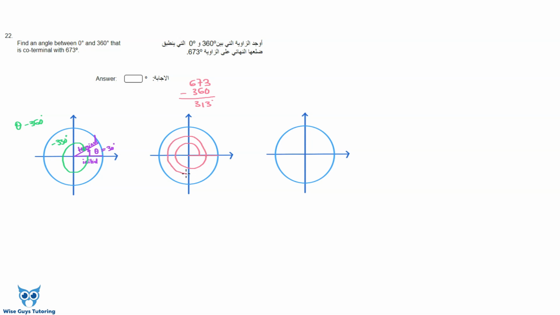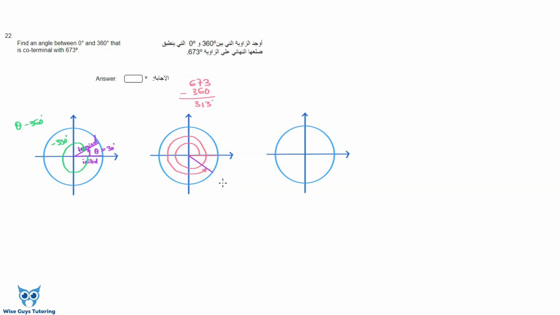Now from 270, if I want to get to 313, that means I need 43 degrees more. 43 more degrees. So now my terminal side is right here. That's my terminal side. So this pink angle that you see, that's 673 degrees. It's 360 degrees, and I've added to it 313 degrees more.